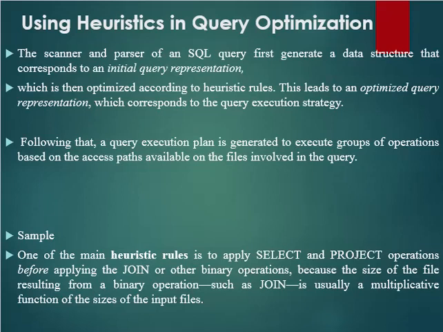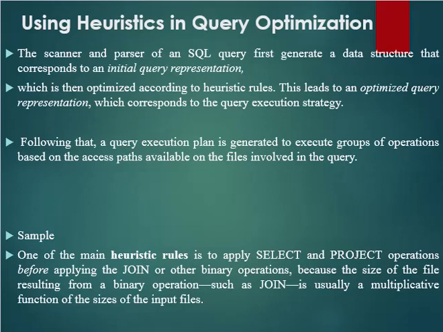The scanner and parser of the query first generate a data structure that corresponds to the initial query representation, which is then optimized according to the heuristic rules. This leads to the optimized query representation, which corresponds to the query execution strategy. As I said, heuristic optimization generates a tree which may not be the most efficient query plan.